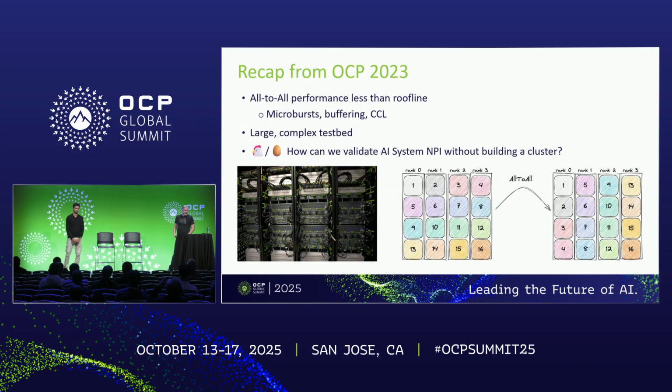So this is somewhat of a continuation from the talk we gave in 2023. In 2023, we talked about evaluating the performance of all-to-all collectives on our Xeon systems. It was much harder than we thought when we started. It started with, okay, the performance isn't anywhere near roofline, what do we do about it?